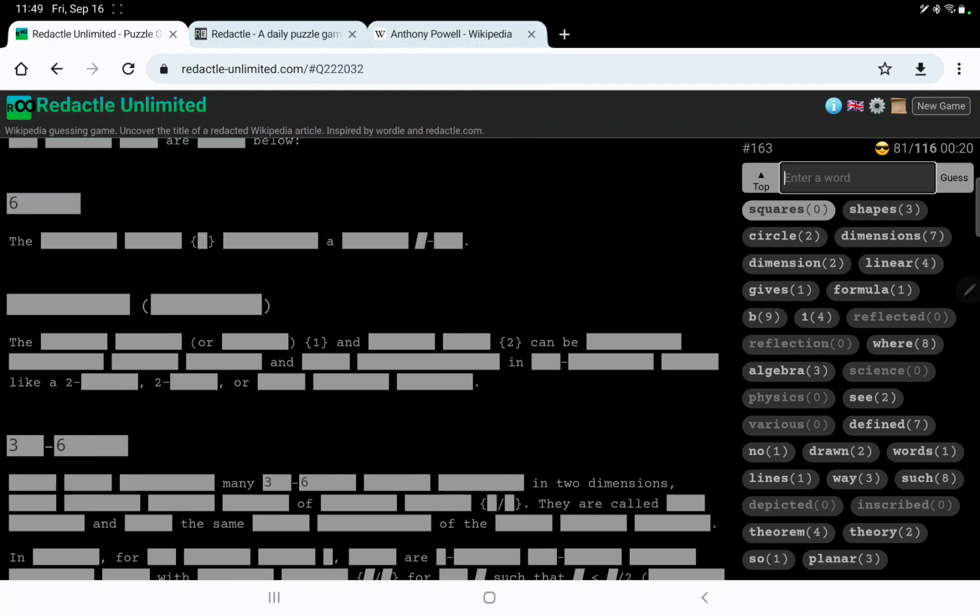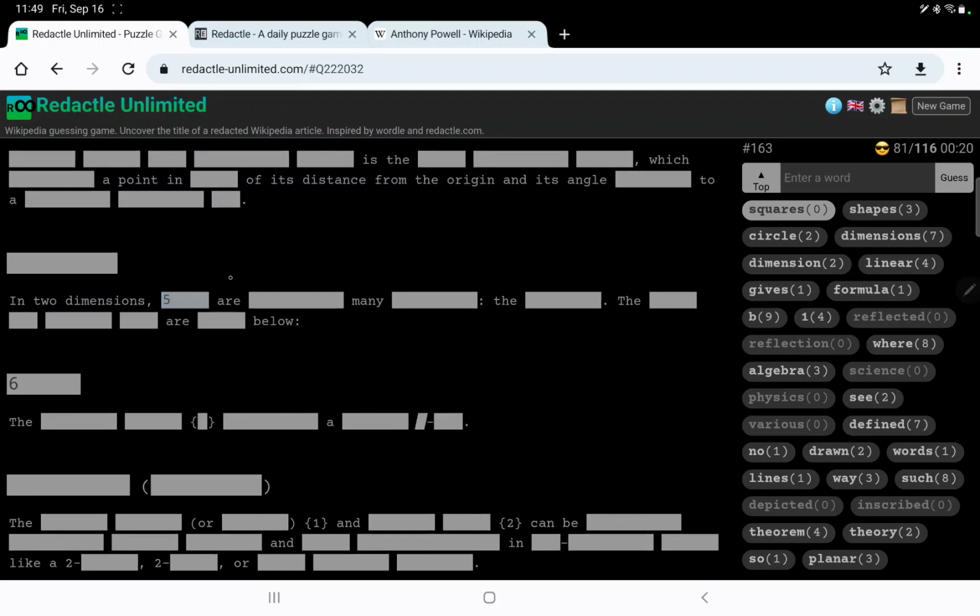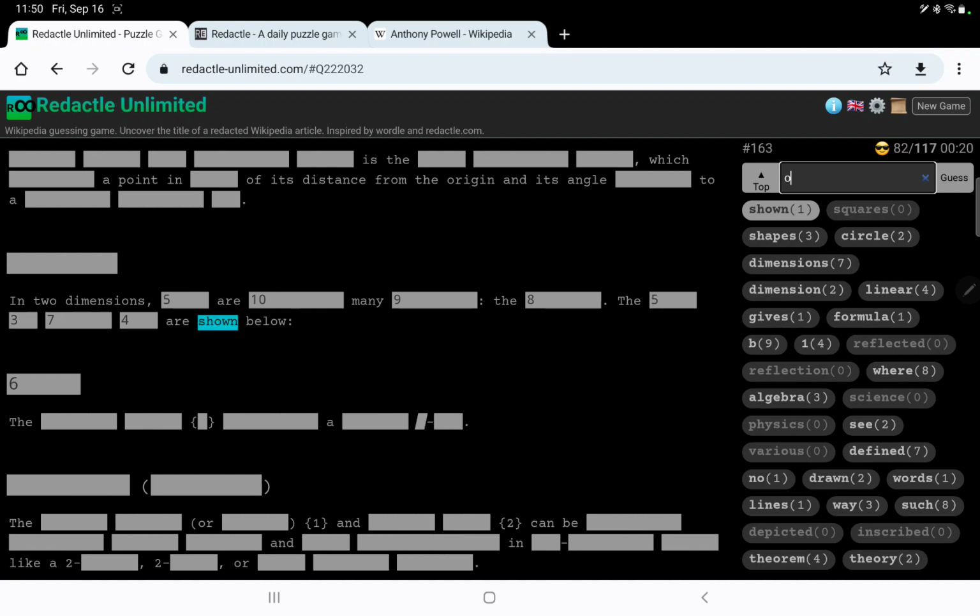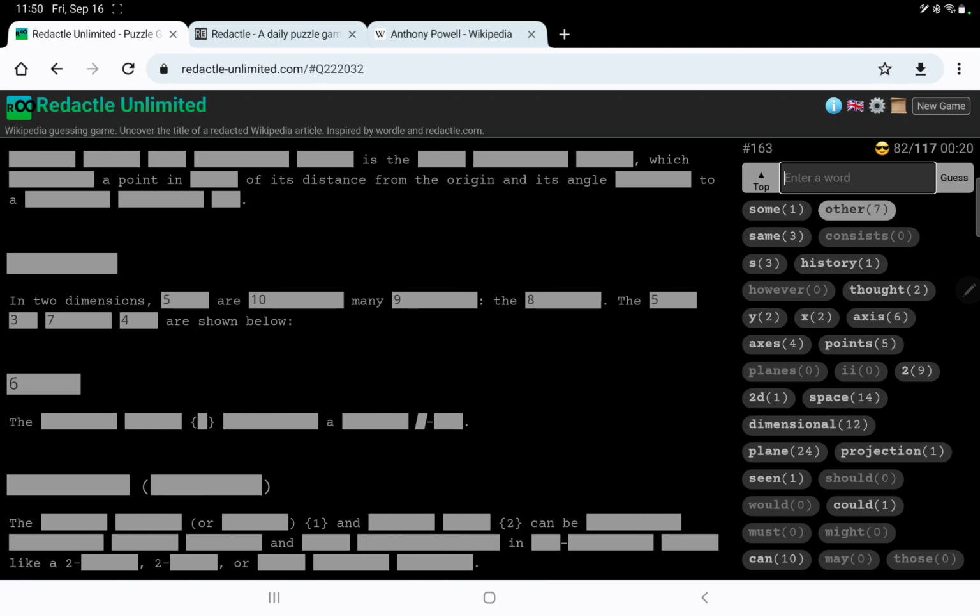No. Are shown below. The other, no, I did other. Then in curly brackets. Oh, I don't think I've seen curly brackets before, have I? I don't remember them. And then one character in italics.